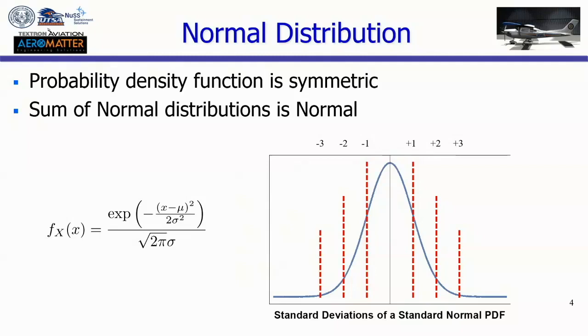And the graph shows where the 1, 2, and 3 standard deviations from the mean are for a normal distribution. So 68% of values will fall between plus and minus 1 standard deviation. 95% will fall between plus and minus 2 standard deviations, and 99.7% will fall between plus and minus 3 standard deviations. So after that, the tails decay pretty rapidly for normal distribution.